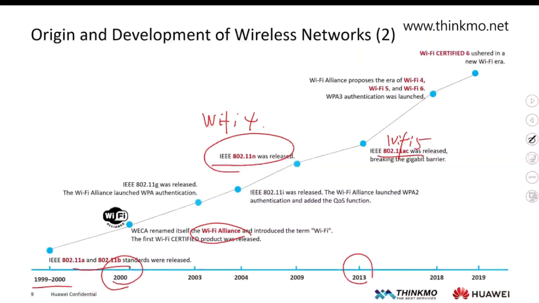It further enhanced the bandwidth and transmission speed of wireless networks. Then, in 2018, we welcomed the 802.11ax standard, that is Wi-Fi 6. This marks the advancement of our wireless network. We've entered a more efficient and faster phase.